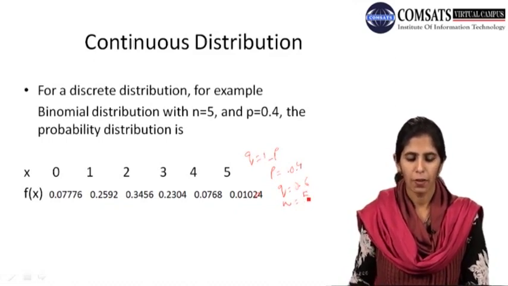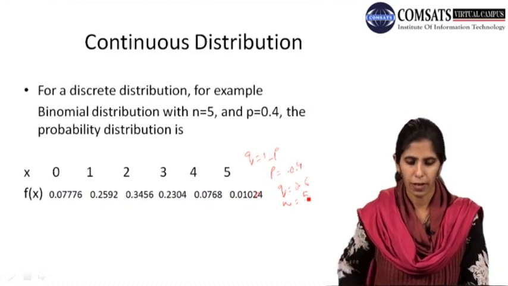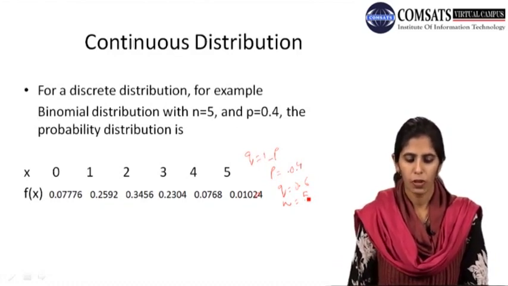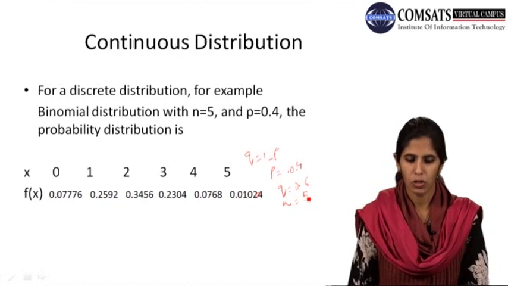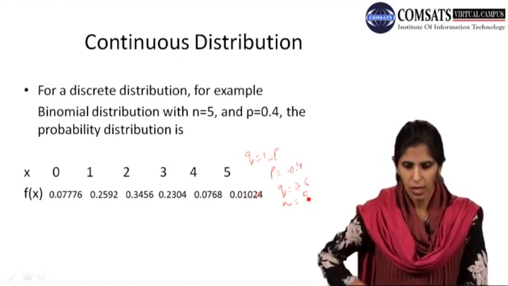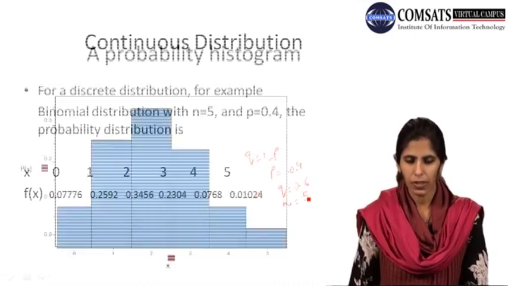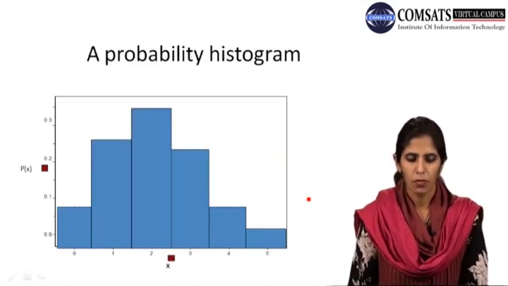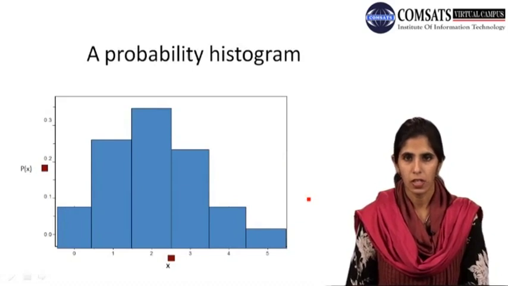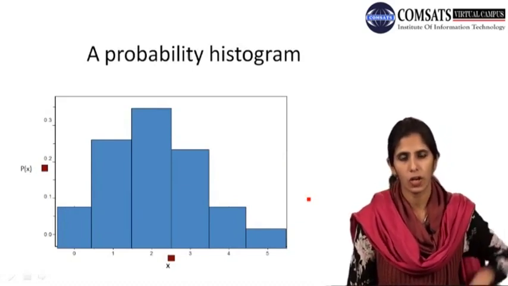We are provided with 5 observations in which frequencies are presented as 0.0776, 0.2592, 0.34, etc. With the help of these frequencies, we can apply a discrete tabulation. We can apply a discrete chart over it.